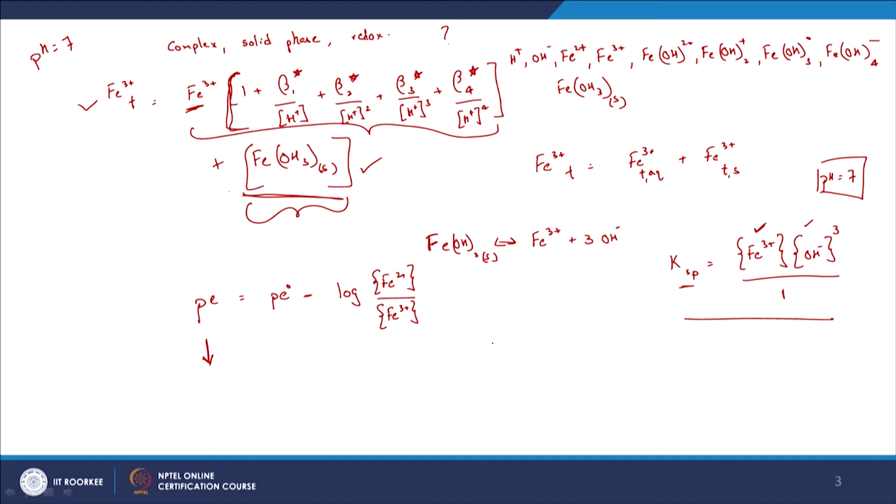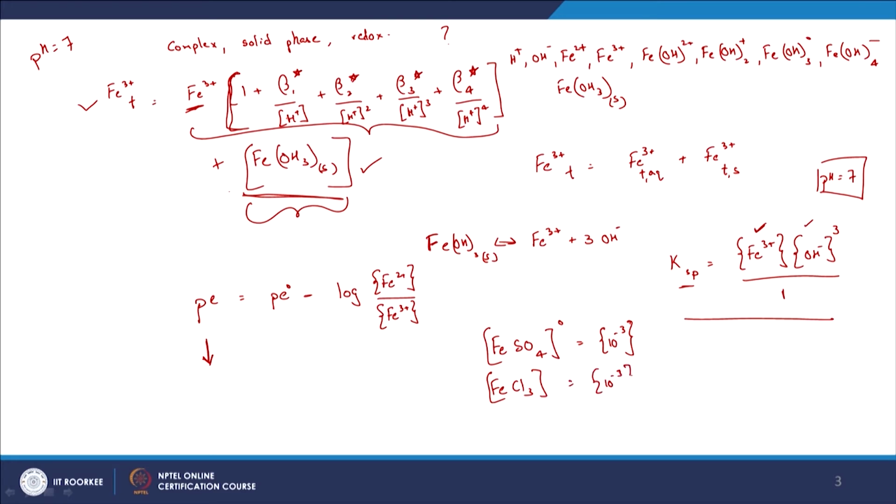With respect to VMinTeq, I'm going to assume that I have FeSO4 at 10 power minus 3 concentration, and also FeCl3 at 10 power minus 3 concentration.